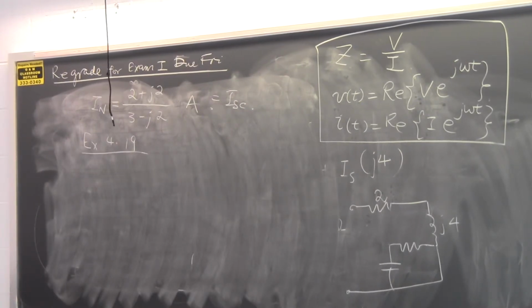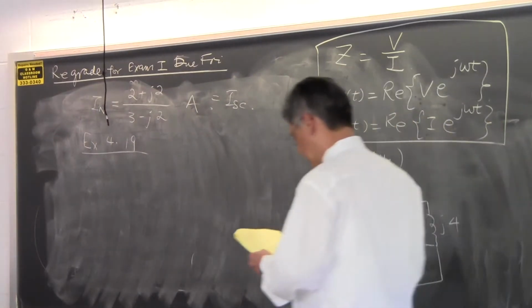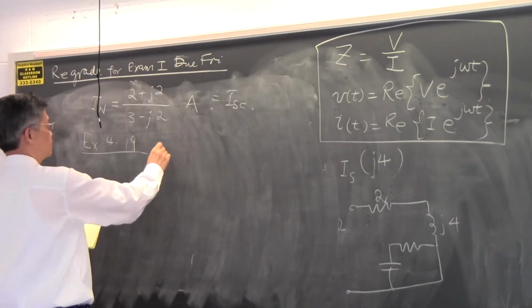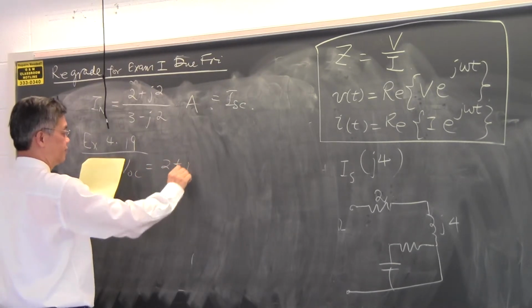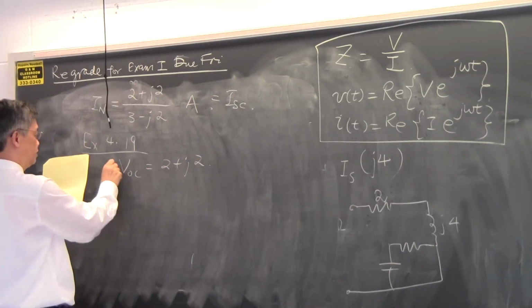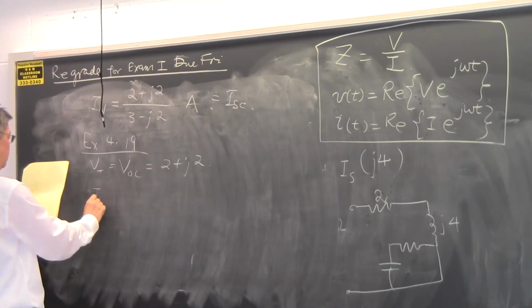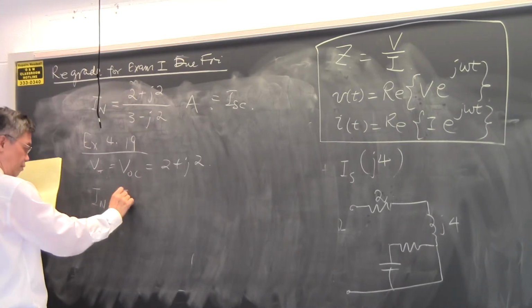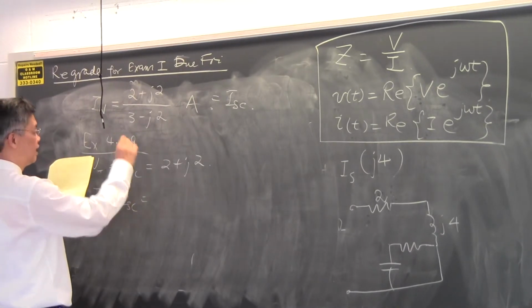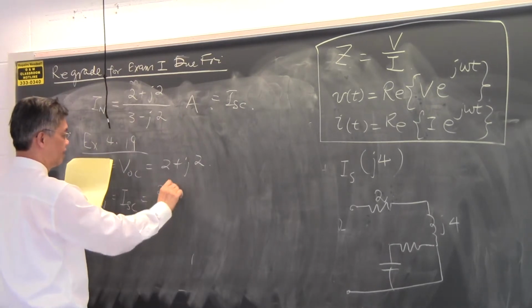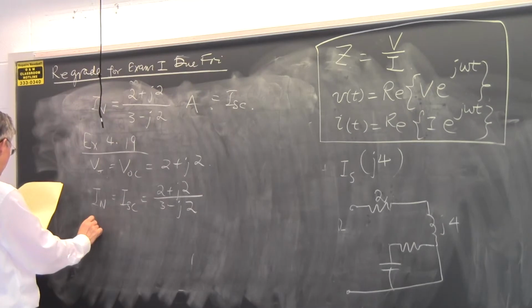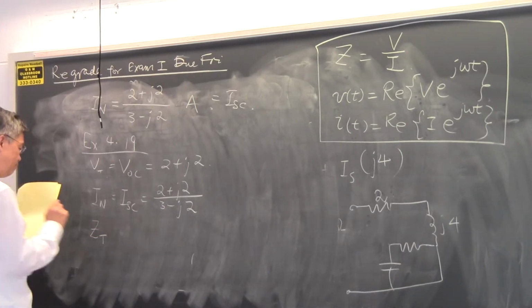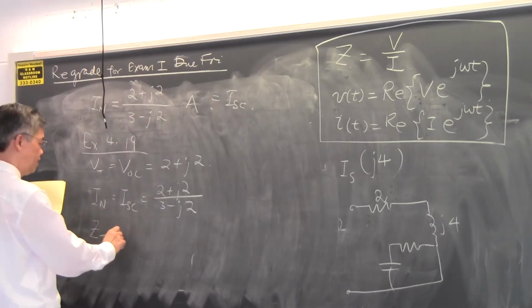This is the open circuit voltage, and the open circuit voltage is equal to 2 plus J2, which is V Thevenin. I Norton is I short circuit, which is that very complicated quantity over there. And then Z Thevenin will be just the ratio of the two.